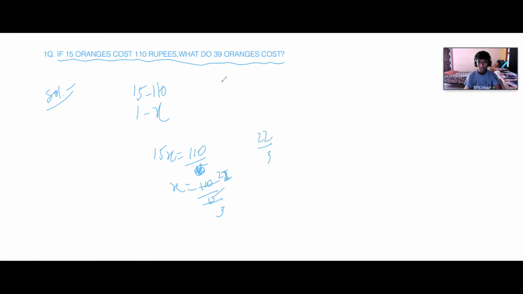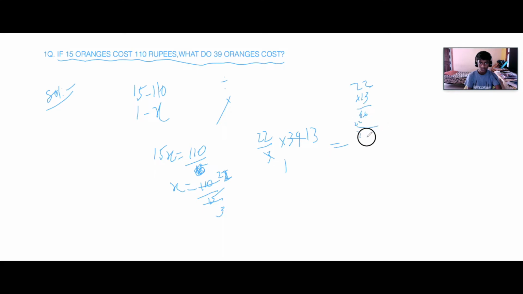What did I say, friends? First division, then multiplication. Now what do 39 oranges cost? 3 into 39. Three 13s are 39. So the answer is going to be 22 into 13, which is 286. So 286 rupees.